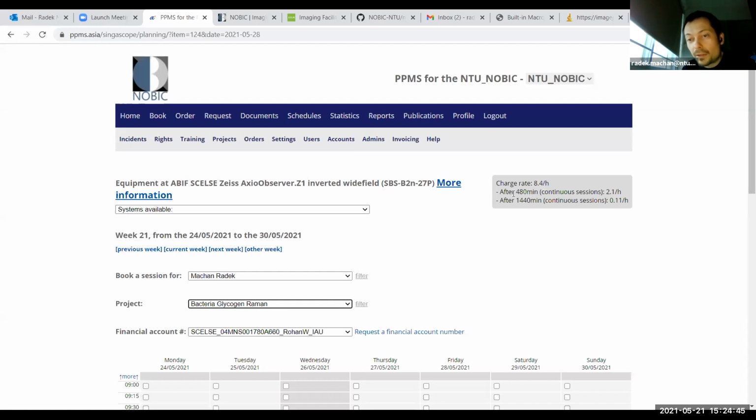So 8 hours of measurement will be paid at the standard rate, and after 8 hours, a 75% discount applies, and after 24 hours, a 95% discount applies. So if you do a time lapse which extends over several days, the price will not be that high.